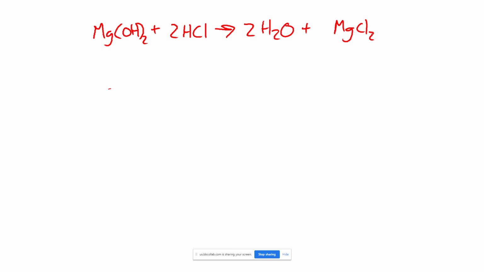So the question says, how much HCl in grams can be neutralized by 5.5 grams of magnesium hydroxide?